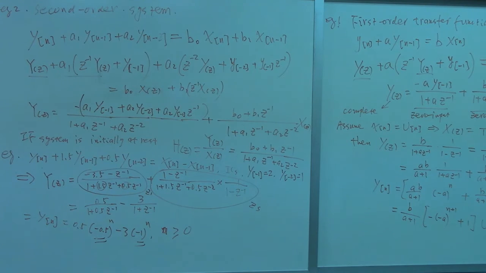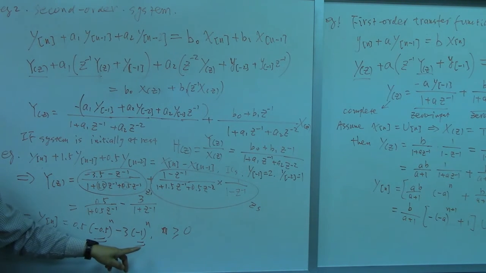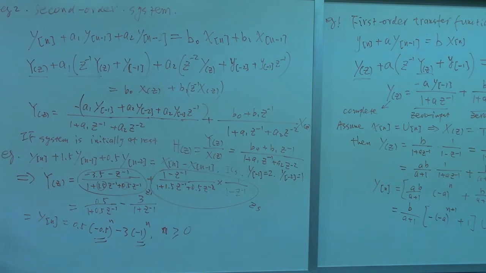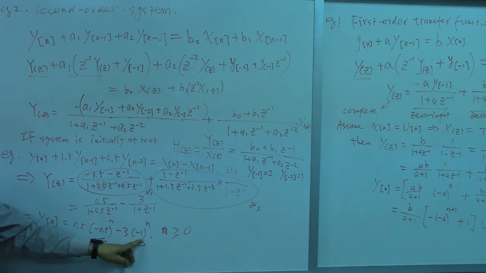So you can see, you can design a system by choosing this coefficient to make the system stable or unstable. For example, if your system is unstable, you can revise it to make it stable by changing the coefficient here, to make sure those numbers are, for example, less than 1.